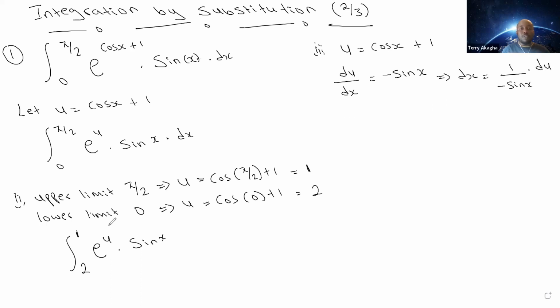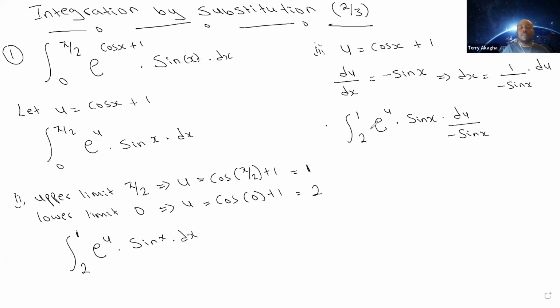Then we come back to the original equation we have here and substitute. So we have the integral from 1 to 2 of e raised to the power u times sine x. Now our dx, we substitute with this, which is du divided by minus sine x. Can you see? So we substituted everything there.